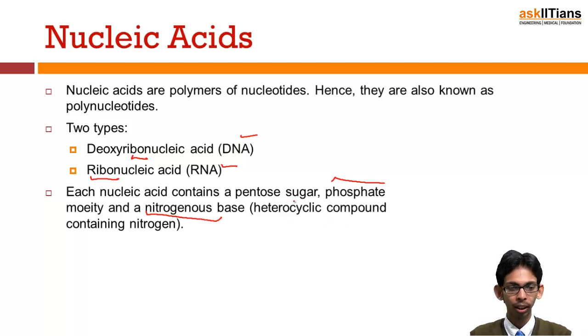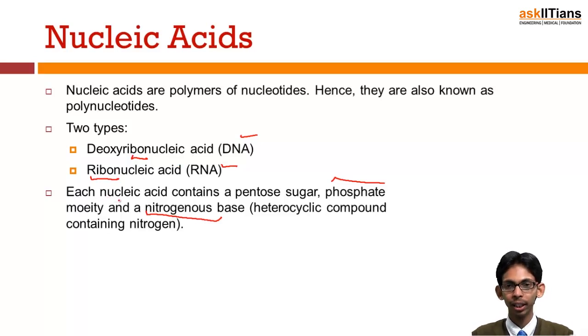So overall, nucleic acids are the polymer of nucleotides. That's why they are known as polynucleotides. Nucleic acids are of two types: deoxyribonucleic acid DNA and ribonucleic acid RNA. And these two are the genetic materials actually.